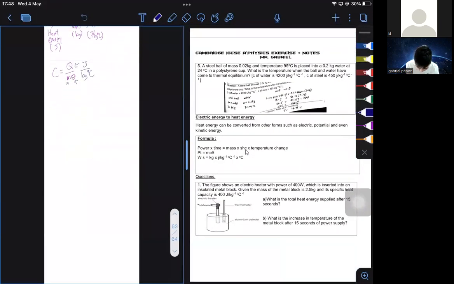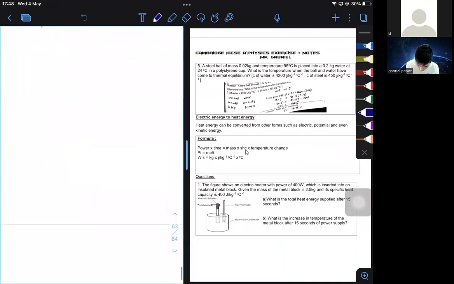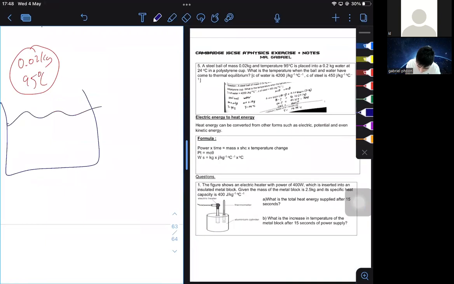But anyways, if you look at this part here, let's draw a simple understanding of this first. Let me extract all the information first, and I'll draw it in a visual format here. So basically, there is a steel ball of 0.02 kg, starting off at a temperature of 95 degrees Celsius. It is placed into water of 0.2 kg, which starts off at 24 degrees Celsius.